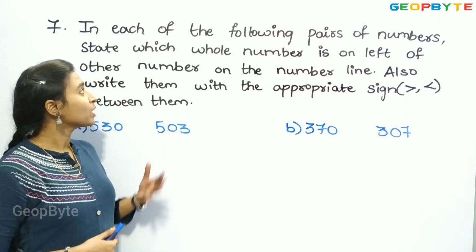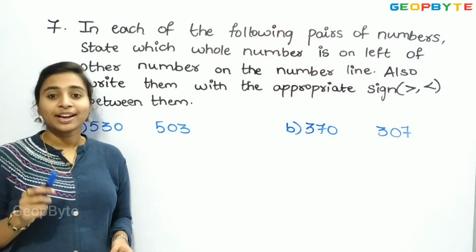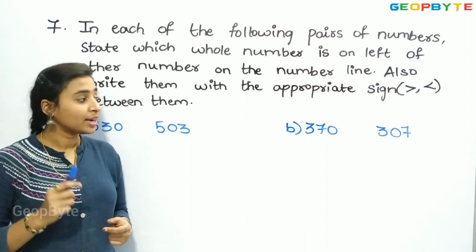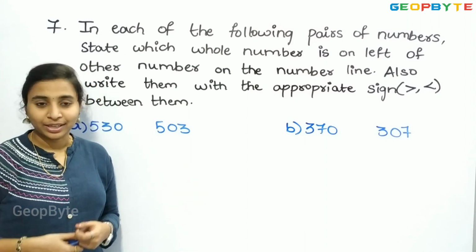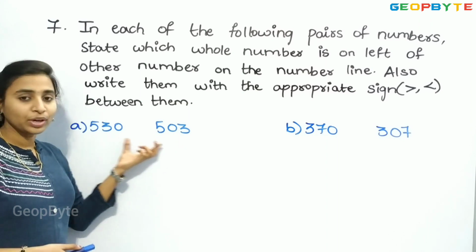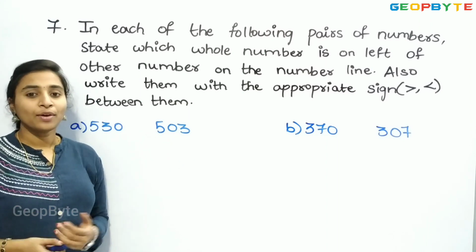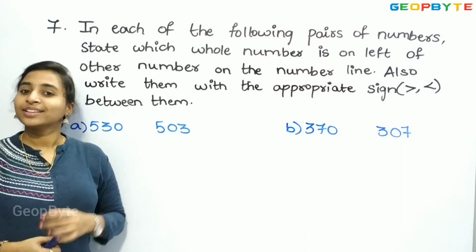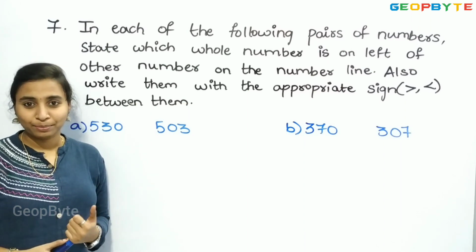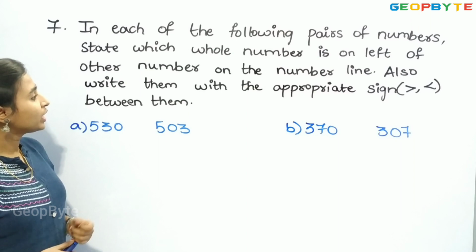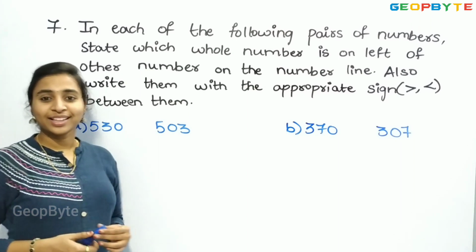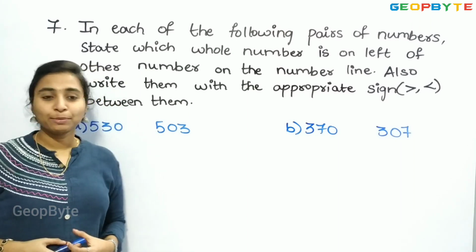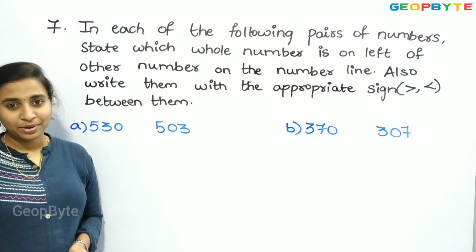We need to indicate the number which comes left to the other number. We are given 2 numbers in each question. So we need to say which number comes on the left side of the other number. And also we need to put the greater than or less than symbol in between these numbers.